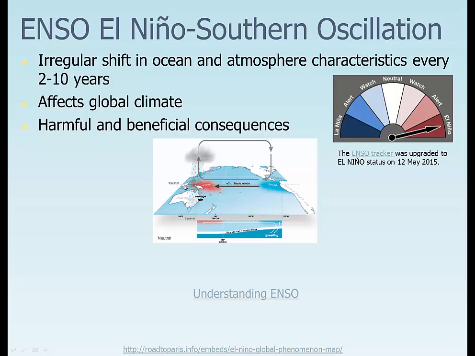In the normal situation, we set up with a low pressure over here in the western part of the Pacific and a high pressure here in the eastern Pacific. And what it does, it causes this convection cell. This convection pushes the air away from the coastline here in the Americas, which drags the water and makes a relatively strong normal trade wind.